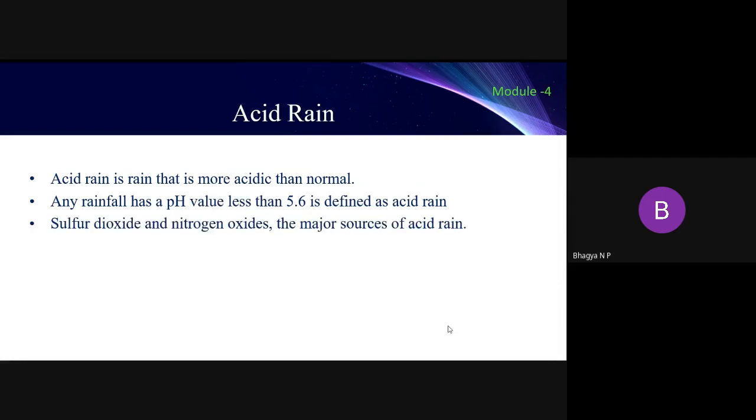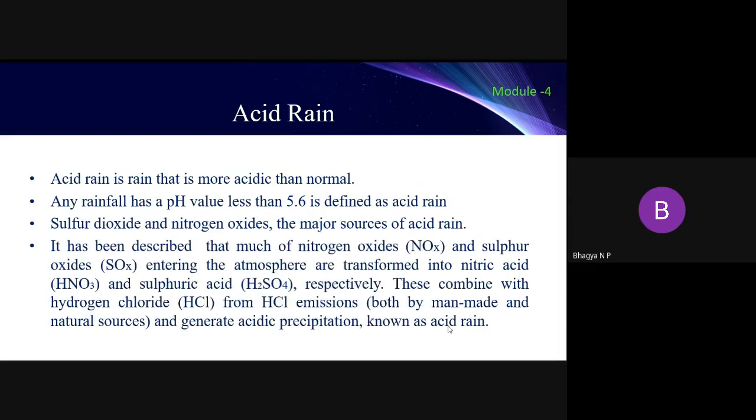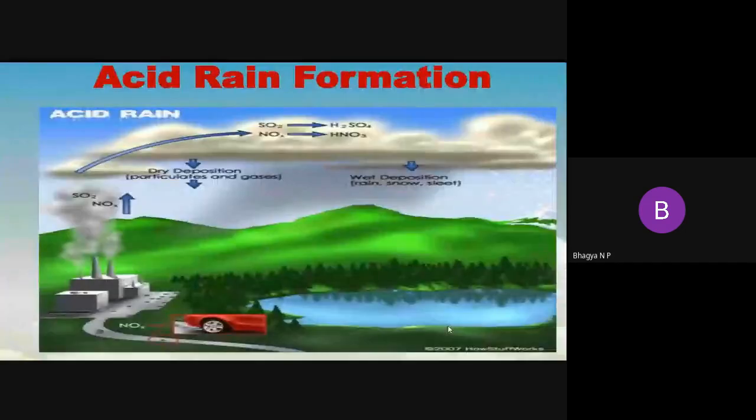How is it caused? The main cause of acid rain is the presence of sulfur dioxide and nitrogen oxides in the environment. How do they get into the environment? Because of human activities. For example, in this picture you can see industries releasing gases to the atmosphere.